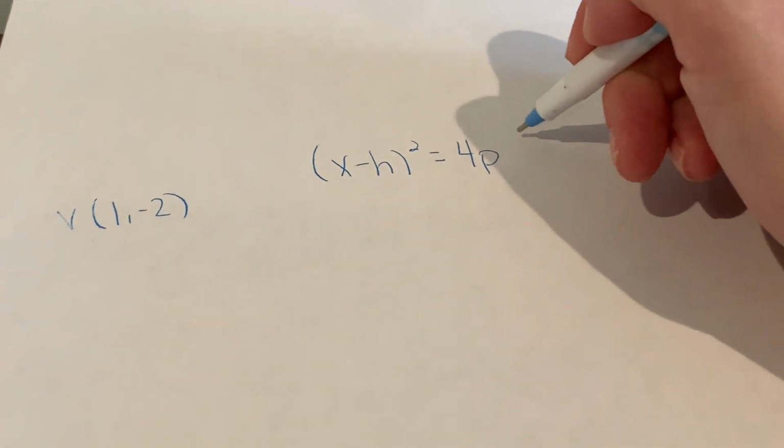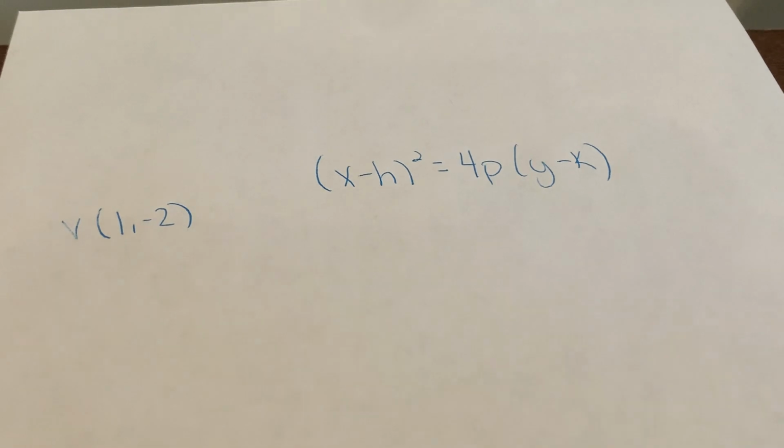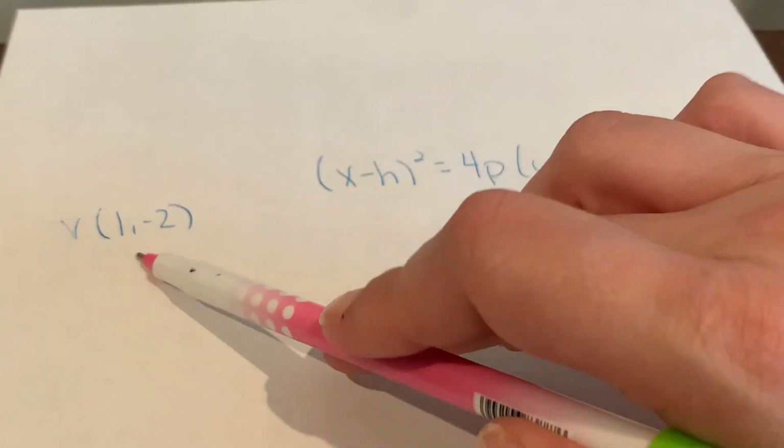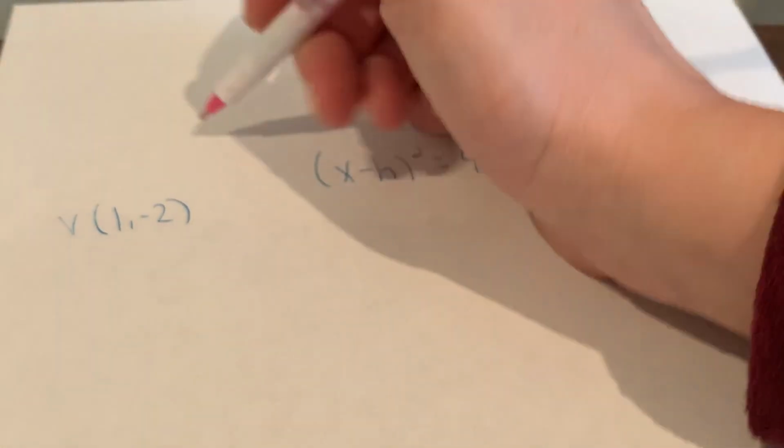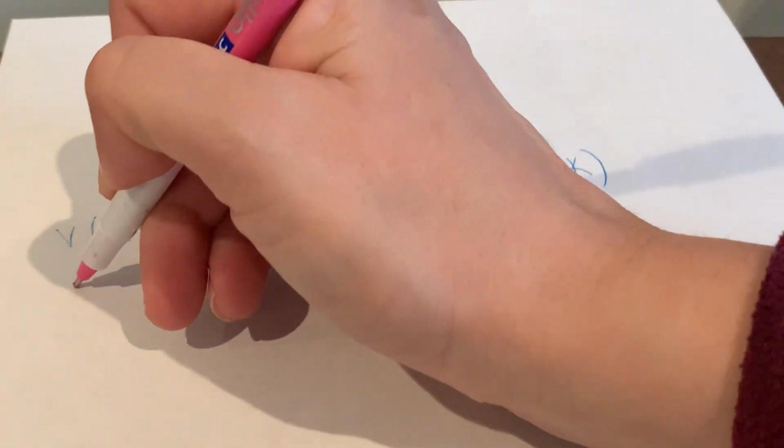So because on this one, it's pointing down, we know we're going to be doing x minus h squared equals 4p y minus k. Let me just change to a different color. So we had our vertex was 1, negative 2. We know that it's pointing down, and we also have to find our p-value. So remember what we said over here.